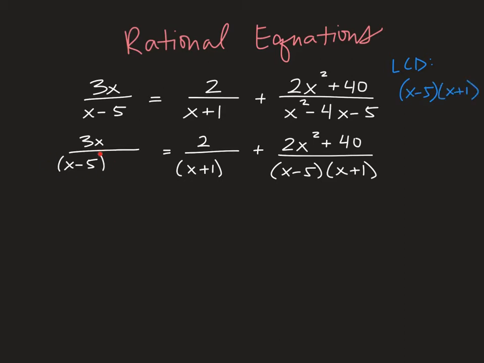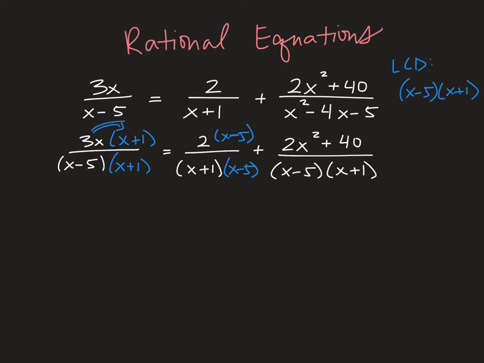In this first fraction, it only has the x minus 5. We need to multiply it by x plus 1 so it has the entire LCD. For the second fraction, the opposite is true. We need to multiply it by x minus 5, top and bottom. And the last fraction, we don't need to multiply by anything because it already has the least common denominator as its denominator. So rewriting this, we'll do some multiplication.